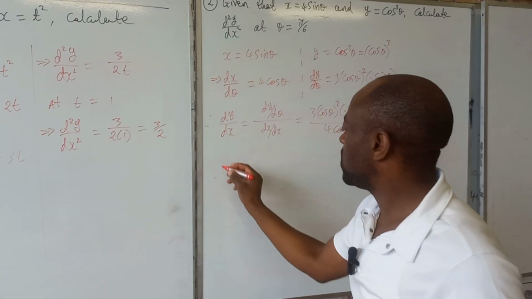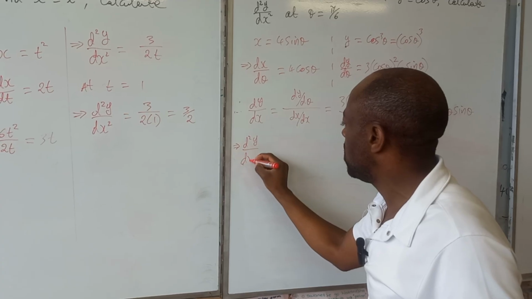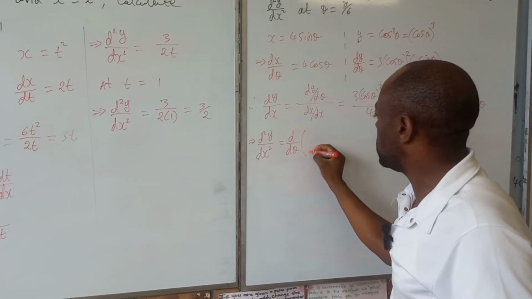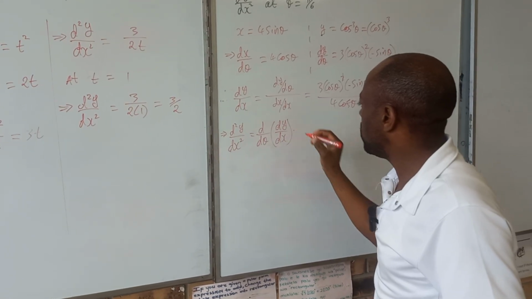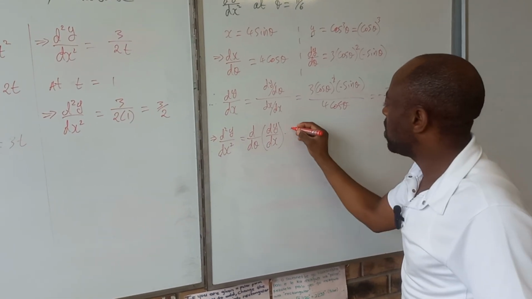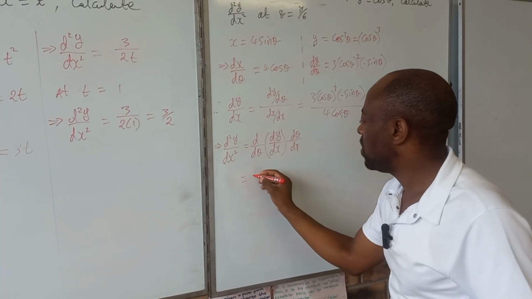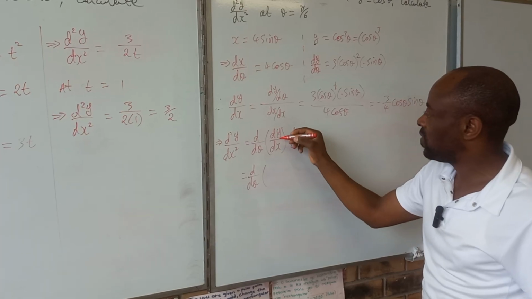I can now move to the second derivative, which will require me to go to page 7 of my formula sheet and search for this formula. That is the formula for doing your second derivative in parametric equations. It tells us that we have to capture the first derivative here.